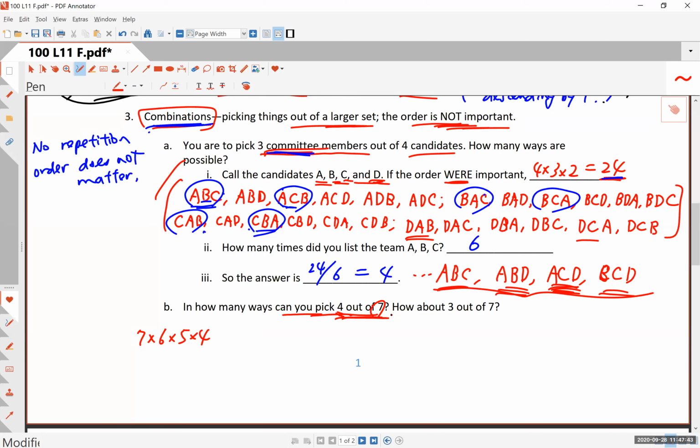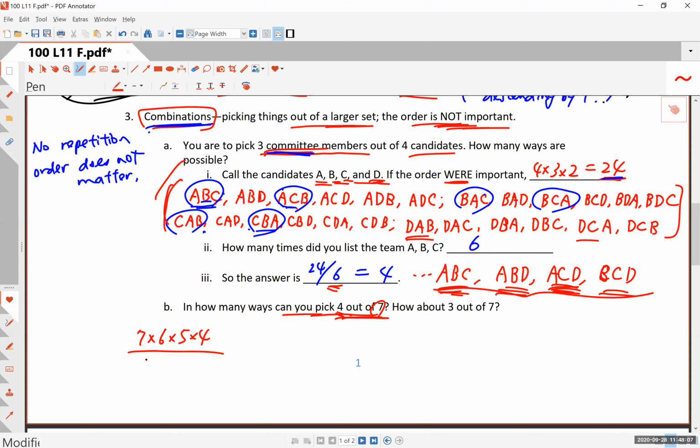That would be the number of permutations if you have to pick 4 out of 7, where the order is important. But the order is not important. So just like in this case, you have written the same combination as many permutations. How many permutations are written for one combination? Remember there are 6 here because there are 3 factorial, 3 times 2 times 1 ways of writing the same combination.